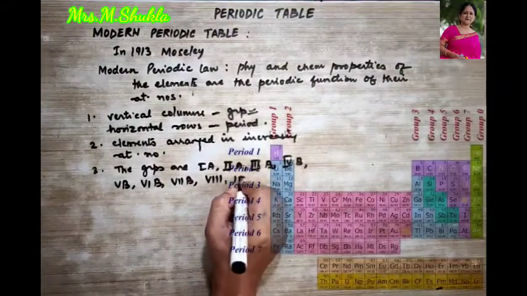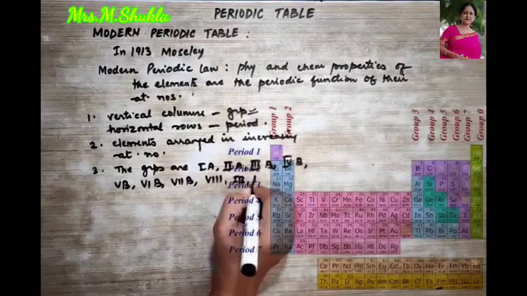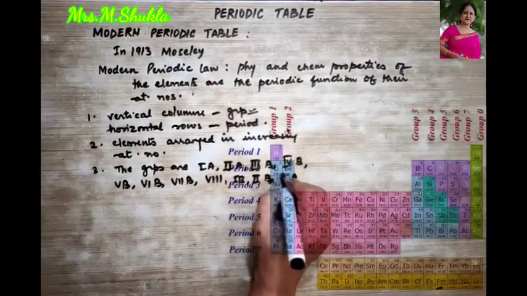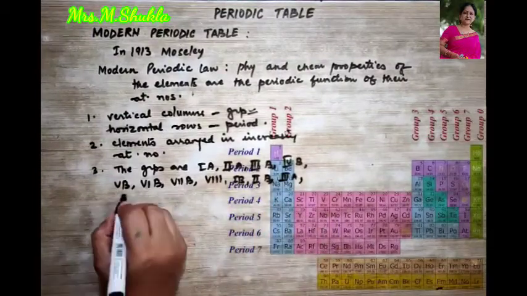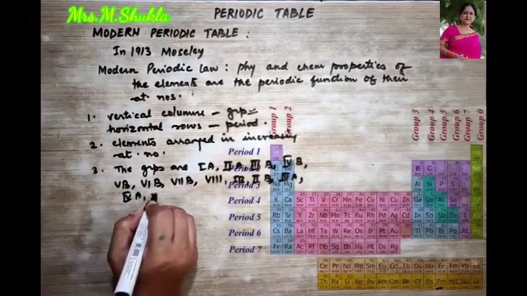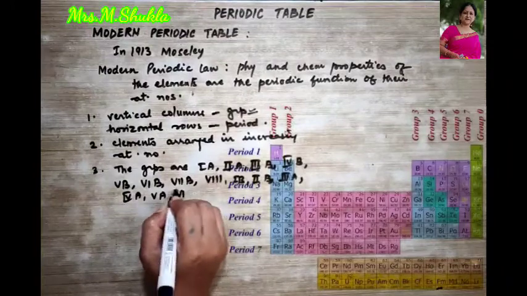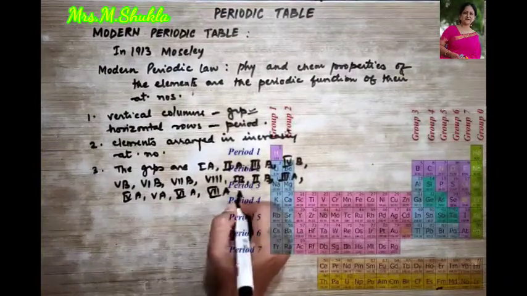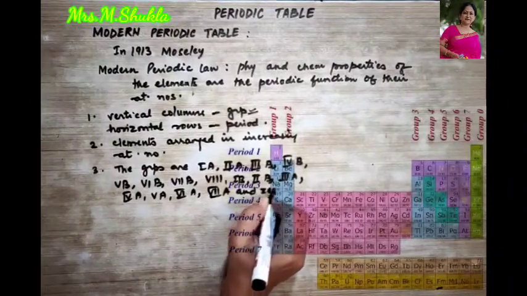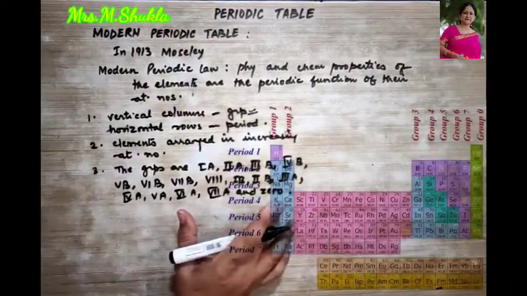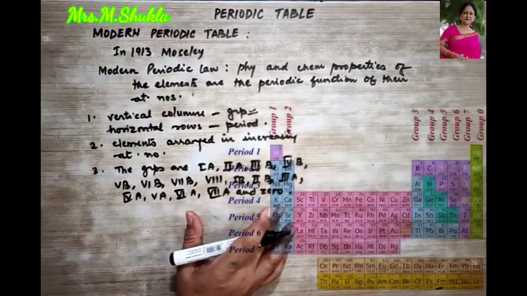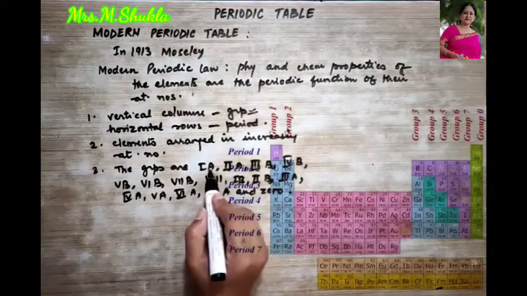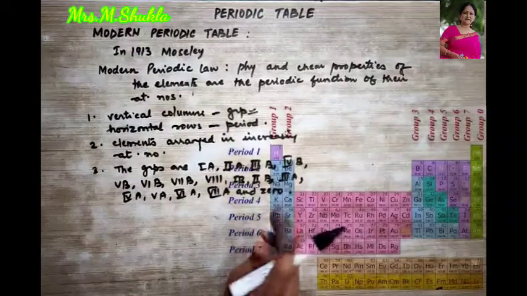Then we have 1B, 2B, then 3A, 4A, 5A, 6A, 7A, and the 0 group. These are the groups. So you can see that these groups have been divided into two subparts: Group A and Group B.